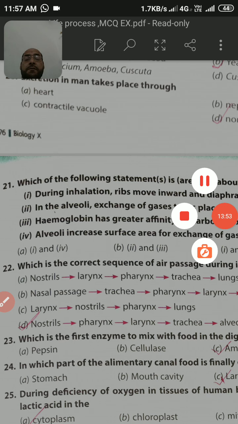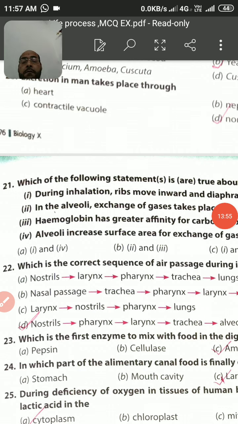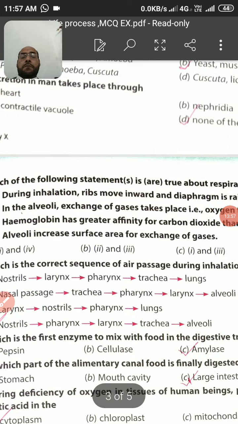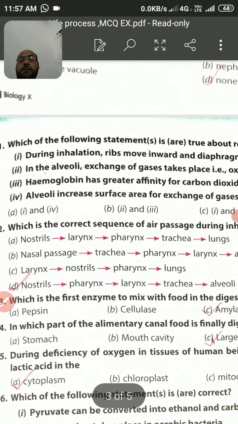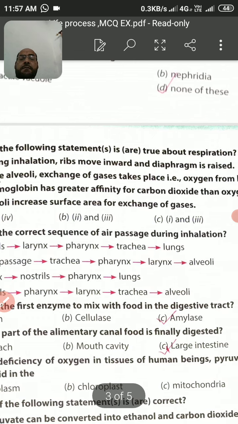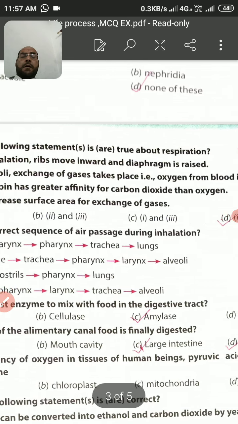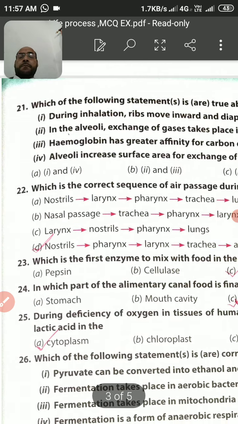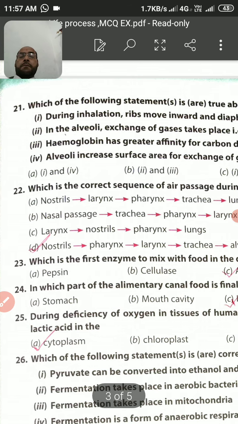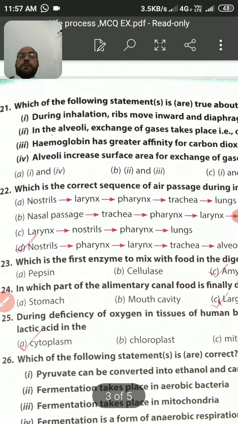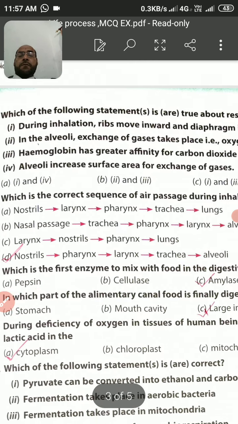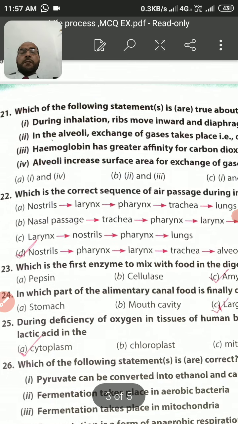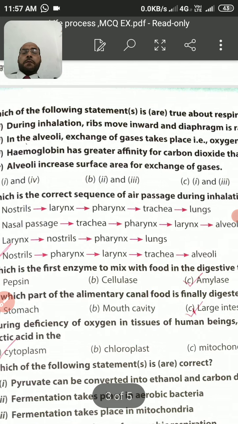we are trying to solve some more questions here that you have to take care of. Dear students, which of the following statements is true about respiration? कौन सा स्टेटमेंट जो है वो इसमें सही है.